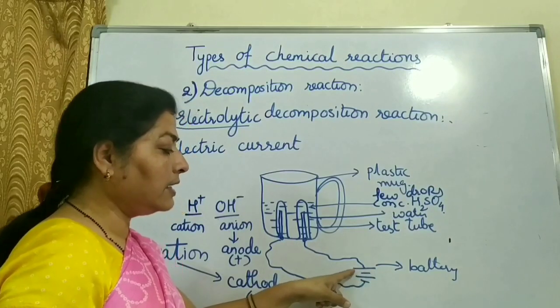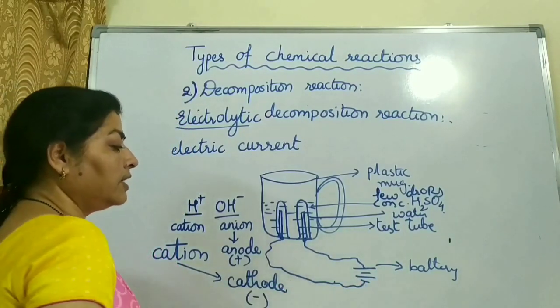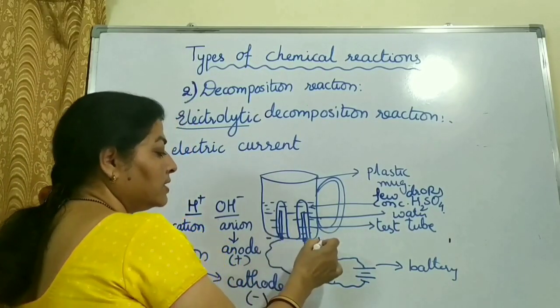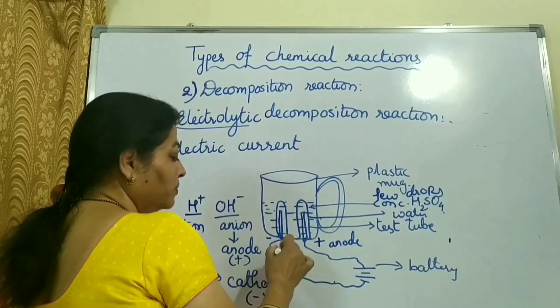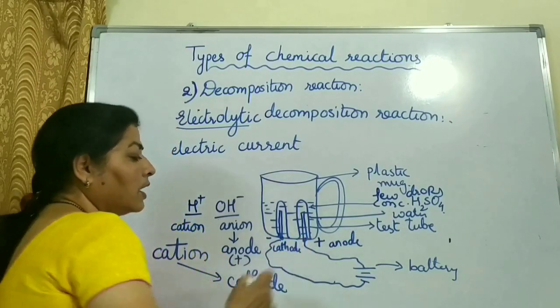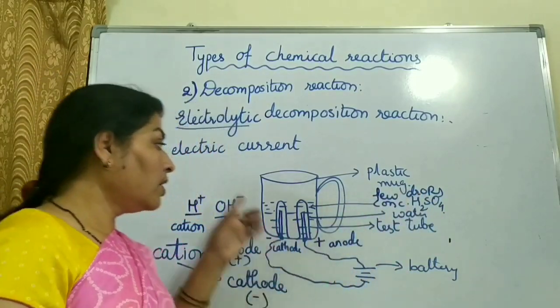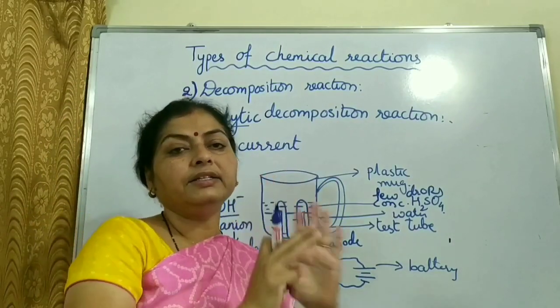The bigger line indicates the positive electrode, the smaller line is the negative electrode. So this will be the positive electrode, this will be negative. This is anode and this is cathode. Now when we pass current, the ions start moving, and on reaching the electrodes, they touch the electrodes and get discharged.